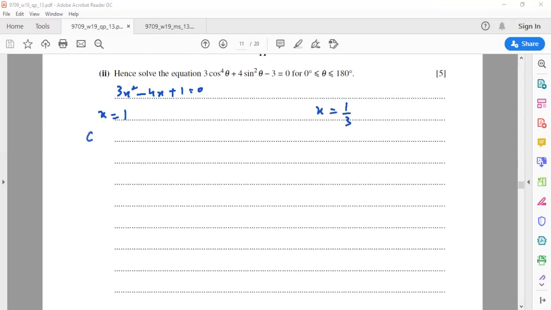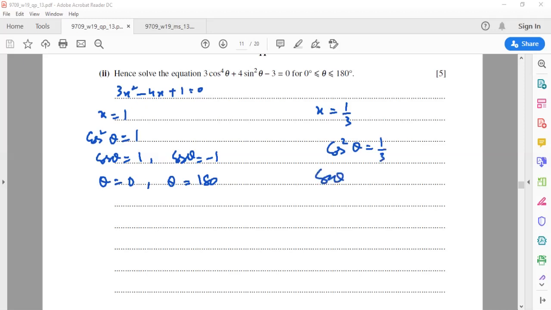Now, since x was equals to cos square theta, so cos theta is going to be 1 and cos theta is going to be minus 1. And from here, cos inverse of 1 is 0. From here, cos inverse of minus 1 is 180 degree. Now, if you see here, cos square theta is equals to 1 over 3.